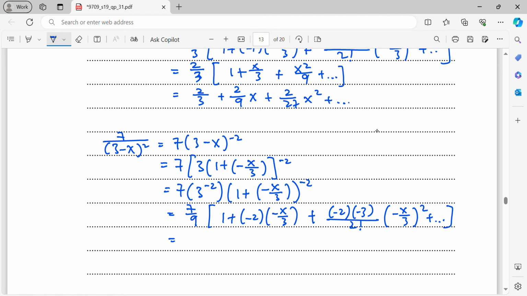So from here, you will be getting 7 over 9 multiplied with 1 plus 2 over 3x plus 1 over 3x squared. Okay, at last, you are getting 7 over 9 plus 14 over 27x plus 7 over 27x squared.